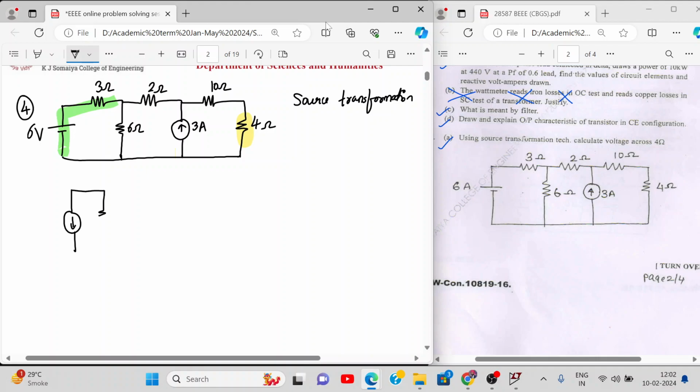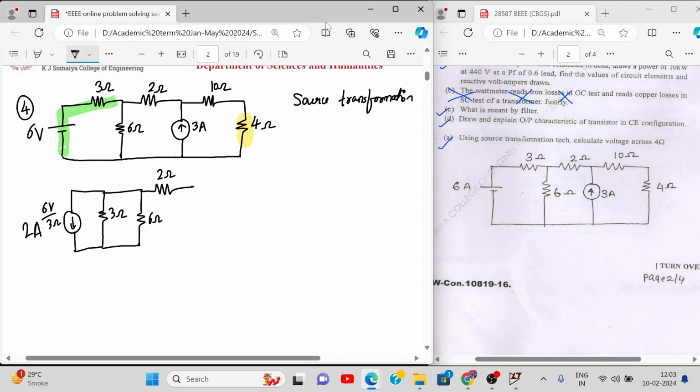With parallel resistance. So this value of this current source will be how much? Can you tell me? Anyone? 18. No, how 18? Current is 6 volt divided by 3 ohm, so it's 2 amperes. Yeah, correct.